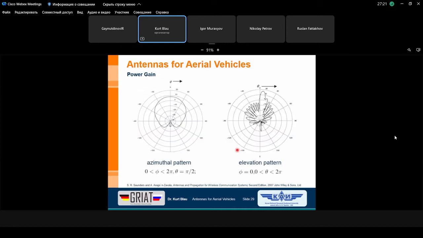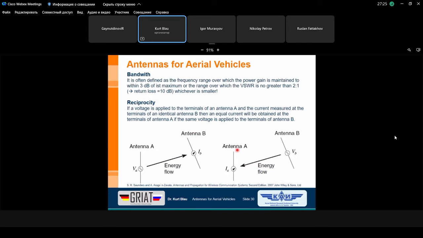Then some other examples of pattern, and then the discussion of what is a reciprocal antenna or what is reciprocity, and I tried to explain it on these two antennas.